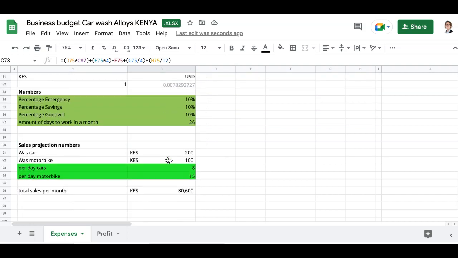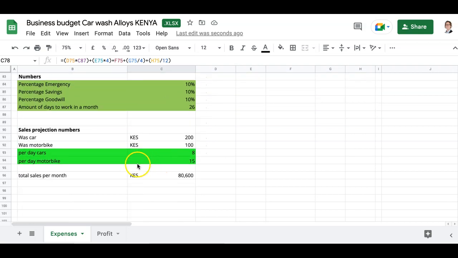So then I have worked on the sales projection numbers. So to wash a car, it's 200 shillings, and to wash a motorbike is 100. Per day, he said we could do 10 cars and 20 motorbikes. I think that's very optimistic. So let's say 8 and 15.